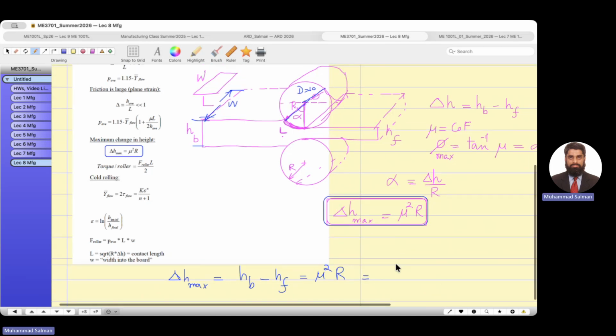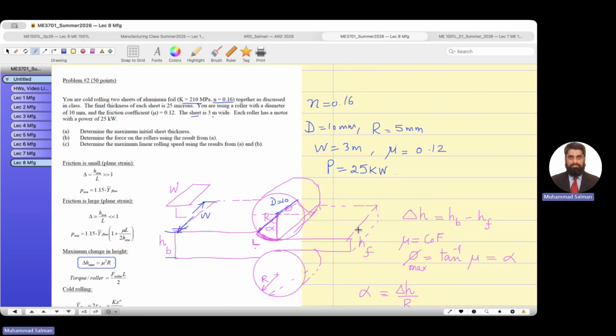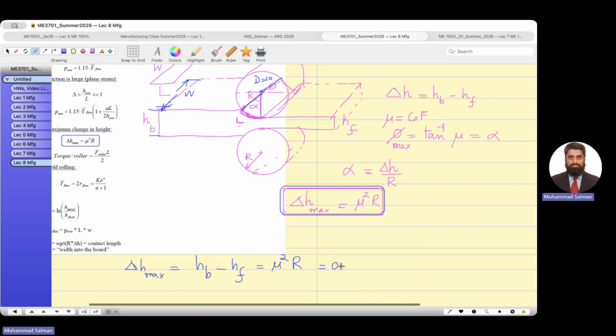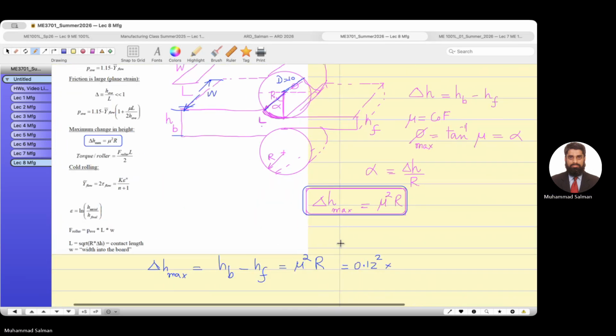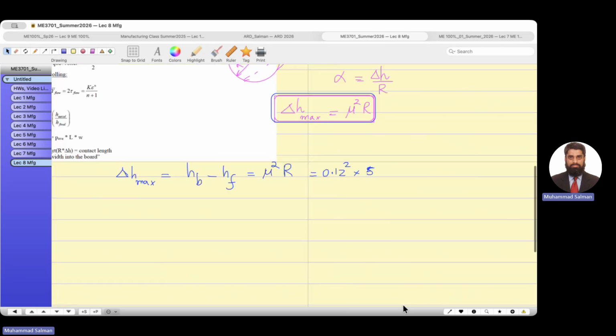Mu is the coefficient of friction between the roller and the workpiece or the sheet of metal. It is 0.12. Okay, 0.12 squared, and the radius of the roller is 5. So can you do the math? Let me know what do you get from here.